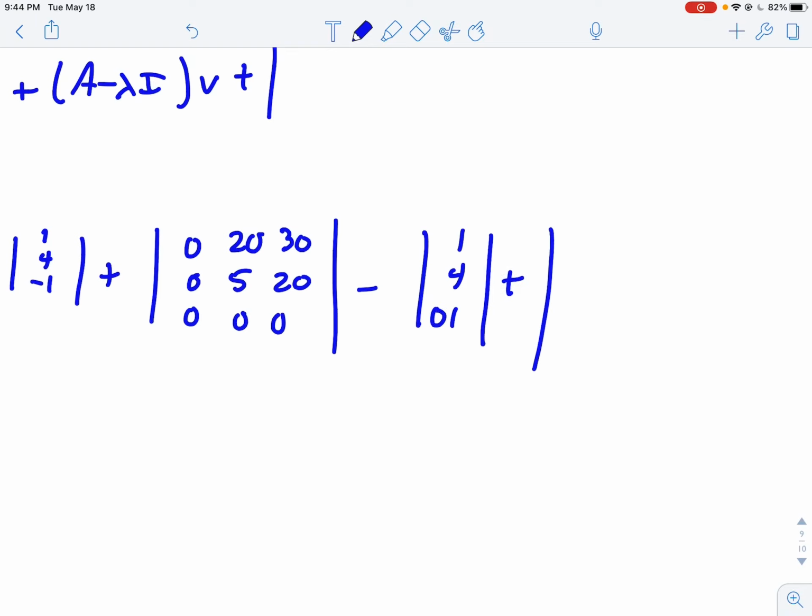The reason there is no negative sign here is because I changed the addition sign to a minus sign right here.